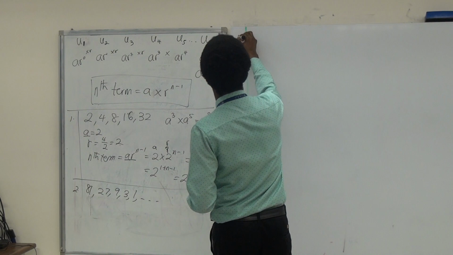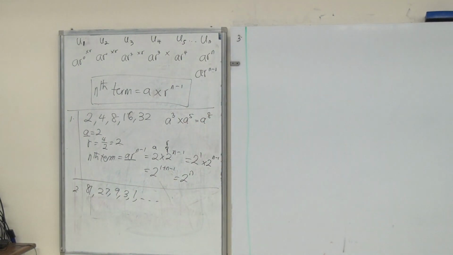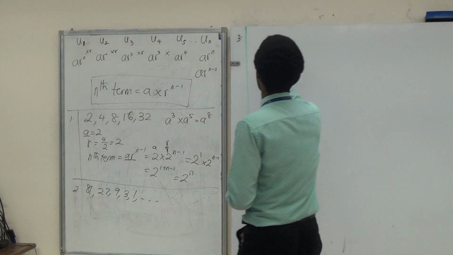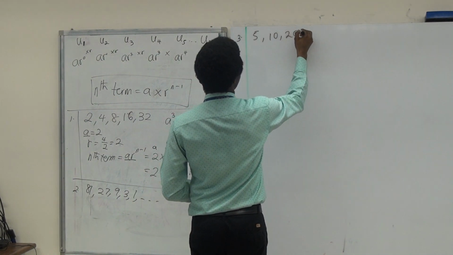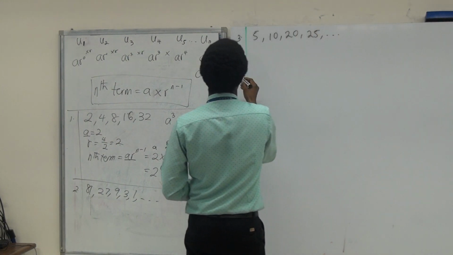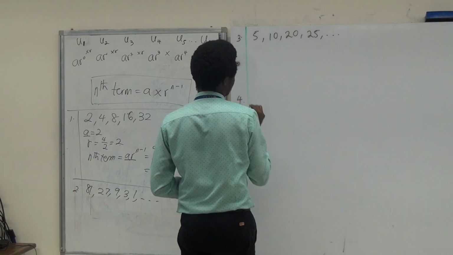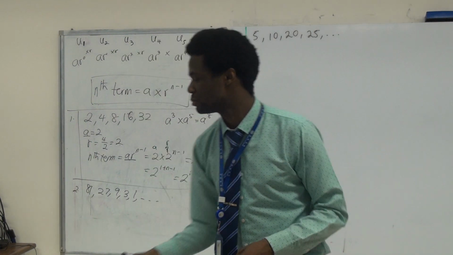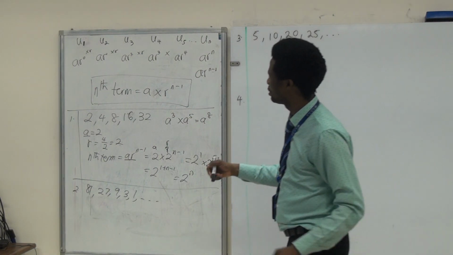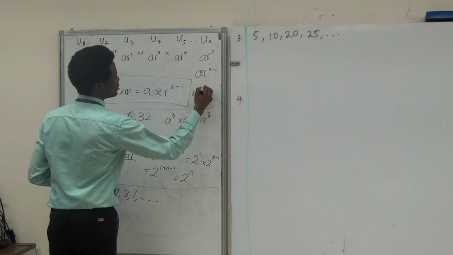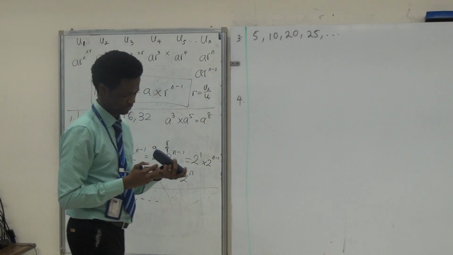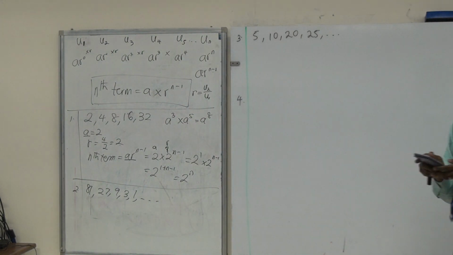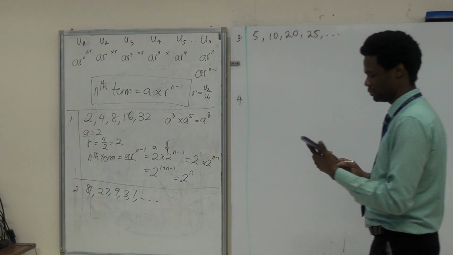Is that 81? It's clearly written. I don't know how to get R. R is the second term divided by the first term. Okay. Done?